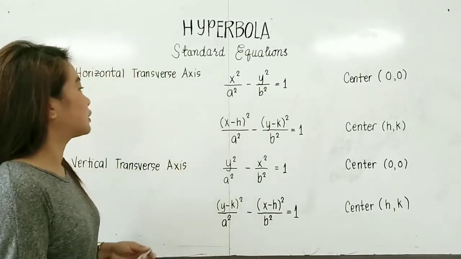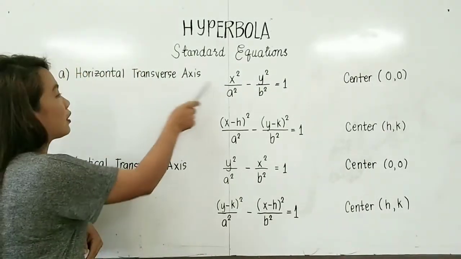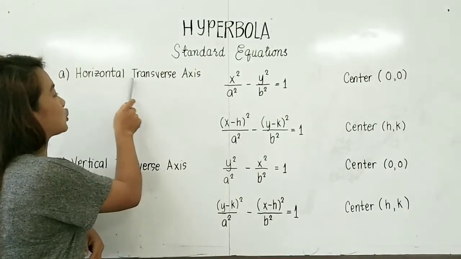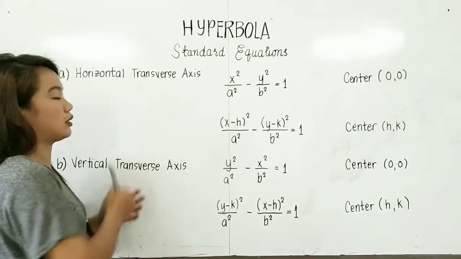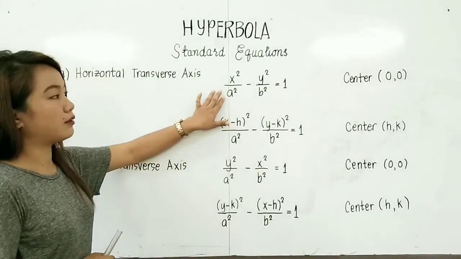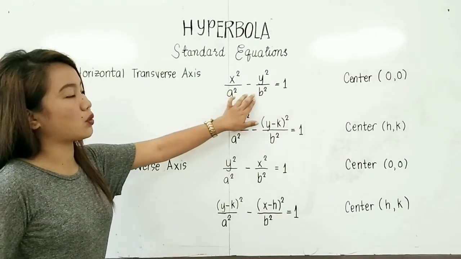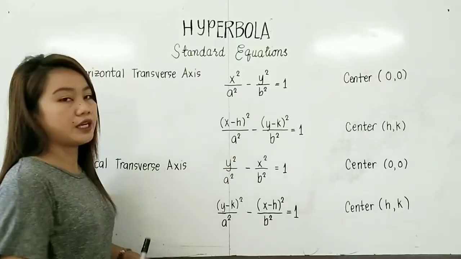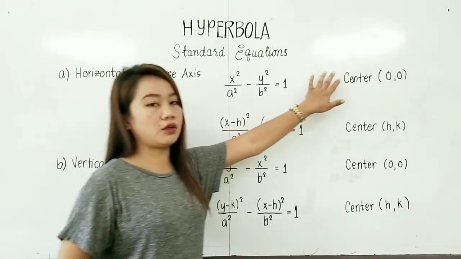Let's take a look at the first two equations. So first, we have x squared over a squared minus y squared over b squared is equal to 1 if the center is at the origin, or at (0, 0).